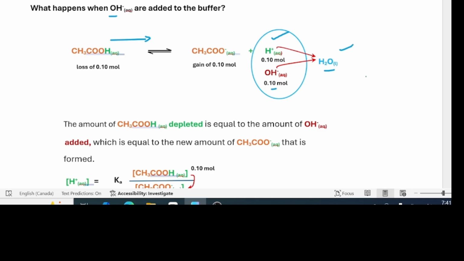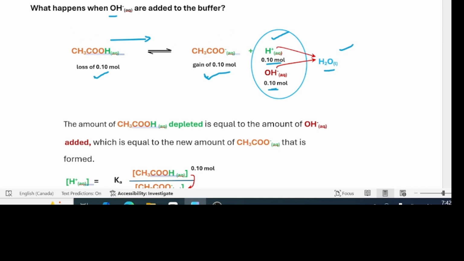So effectively, what is happening is that that amount of acetic acid molecules will ionize to give a corresponding amount of ethanoic ions. We are decreasing this and we are increasing this.